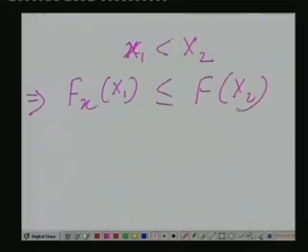That means the probability distribution function is actually a non-decreasing function. It can remain steady or it can only go up. Now, this follows easily.